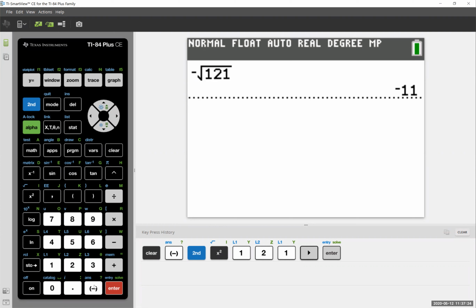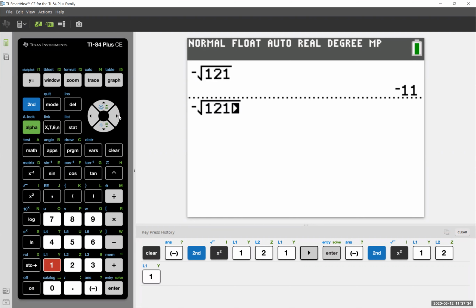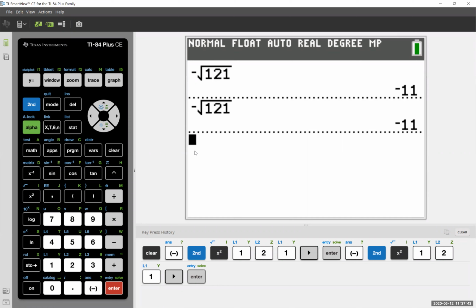So again, that's negative at the bottom, second square root, 121, strip out of the radicand, and then hit enter. We got our answer. So that's how you can use your calculator to solve these as you go through them.